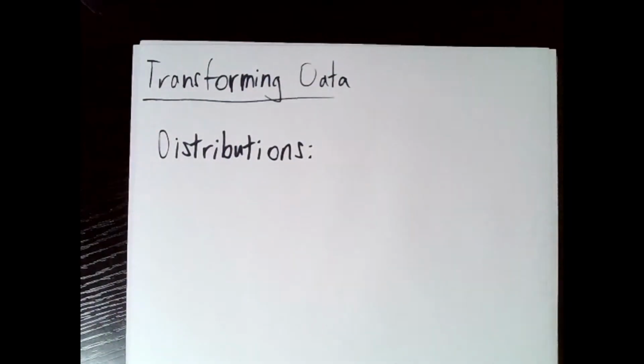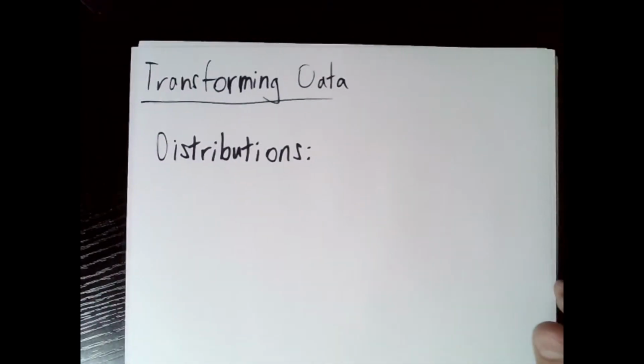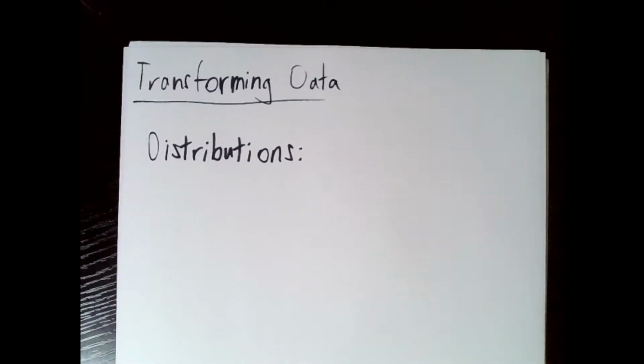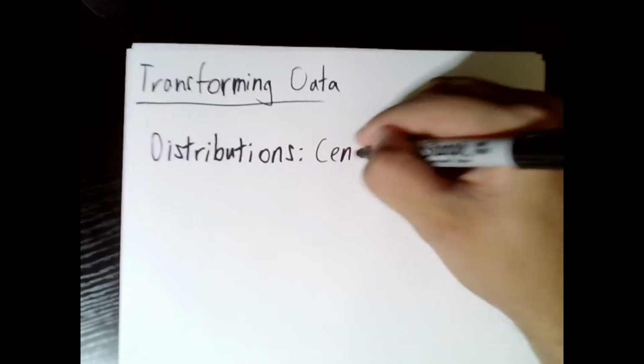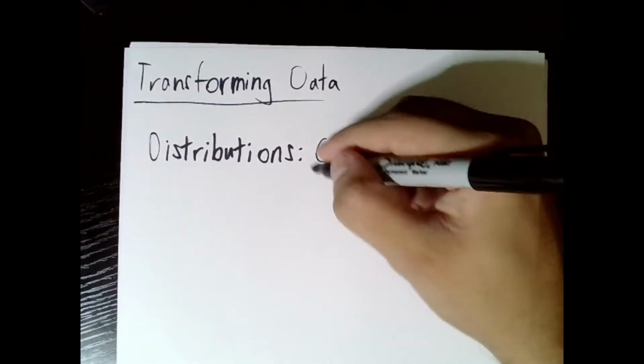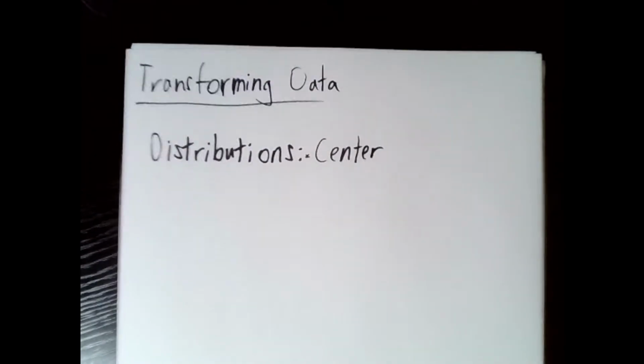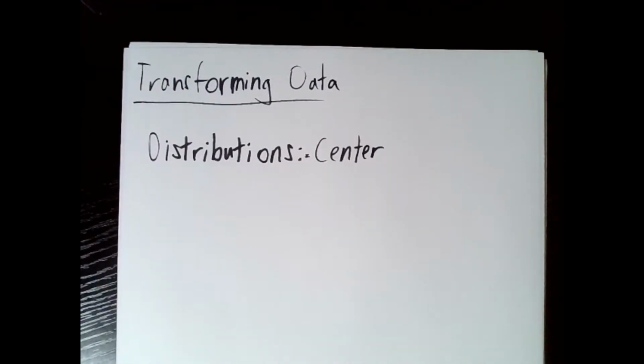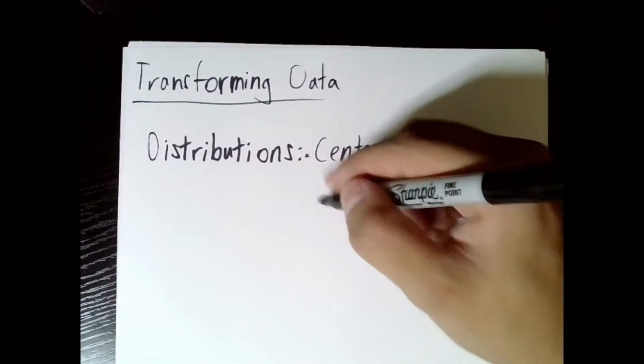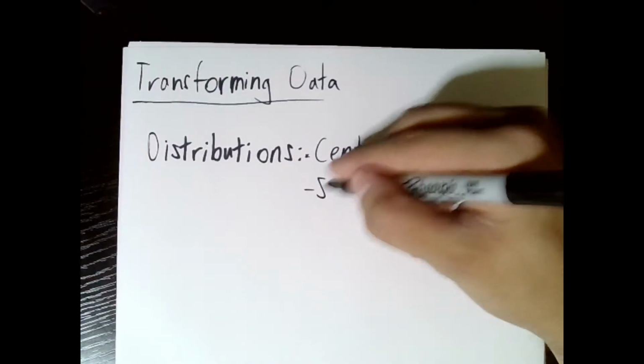We have essentially four main characterizations of distributions. We use the center, which is like mean, median, sometimes potentially mode, probably not too much for our purposes, quartiles as well. So basically center is the basics. We also have shape.